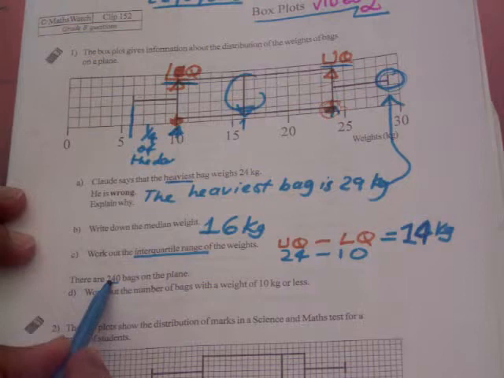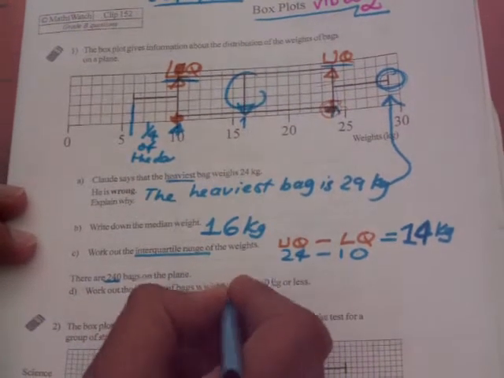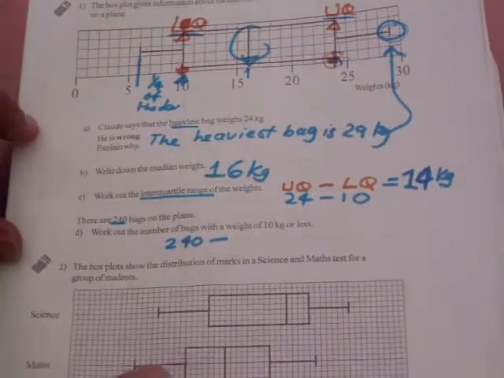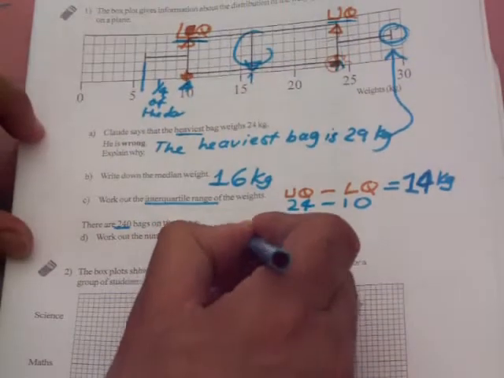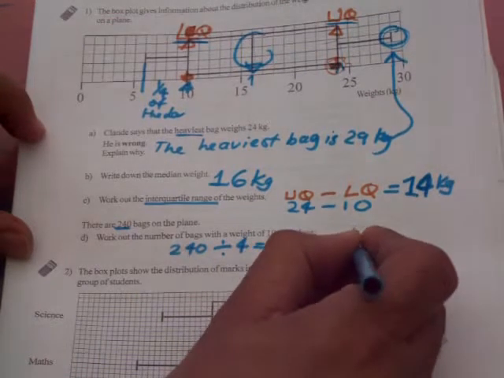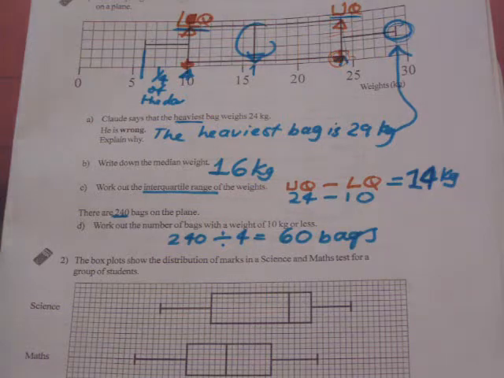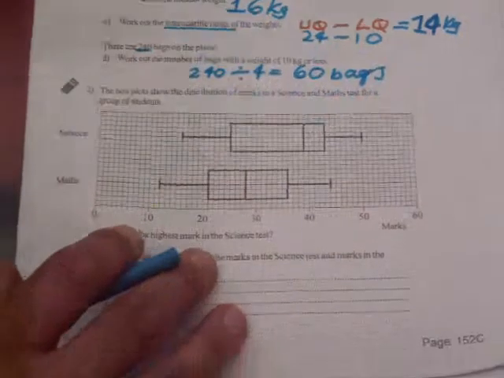How many bags do we have on the plane? 240. So 240 divided by 4 is 60 bags. Are you happy with that? Yeah. Let's move on to the next question.